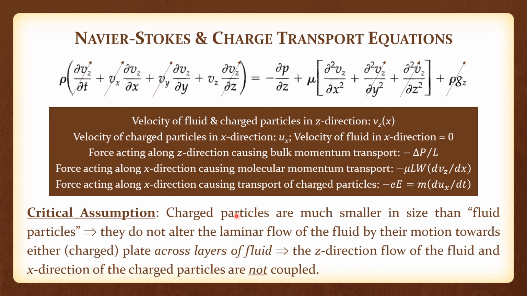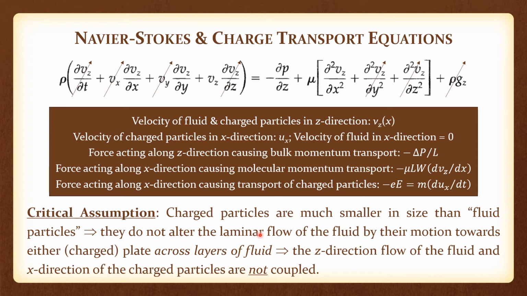Good. So they take the z momentum in one lamina and push it into another lamina, but we are not considering this because the charged particles are much smaller in size, and therefore that momentum that is lost or transported by the charged particle in the x direction, taking it from the bulk momentum transport, is much smaller.